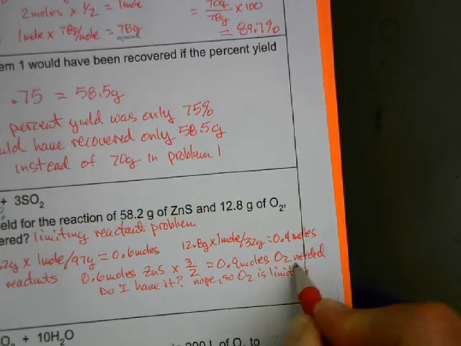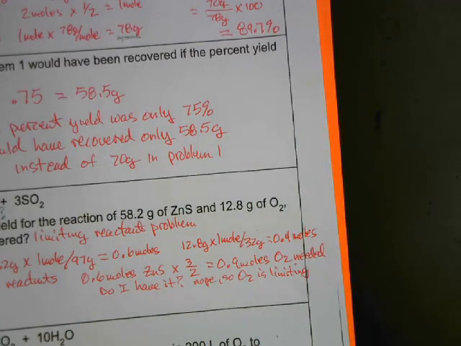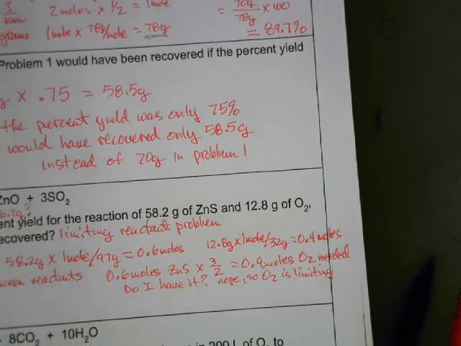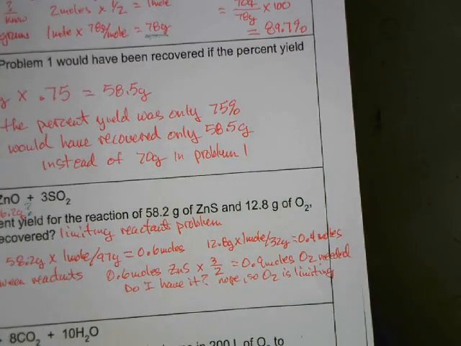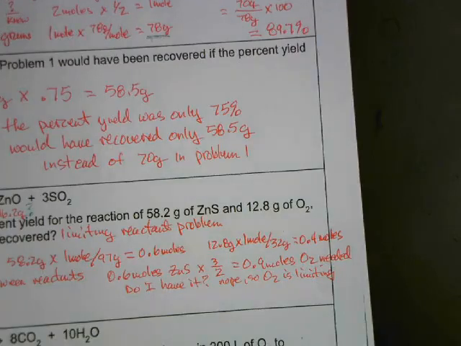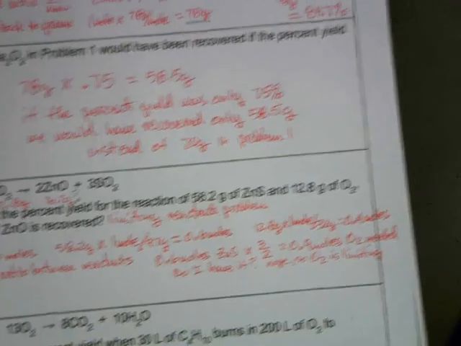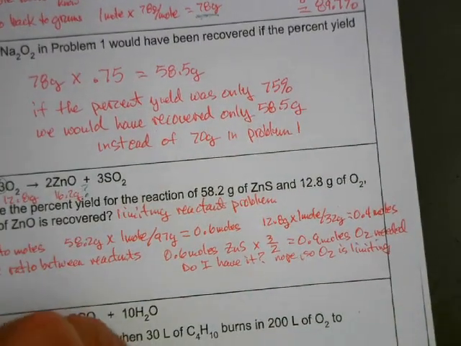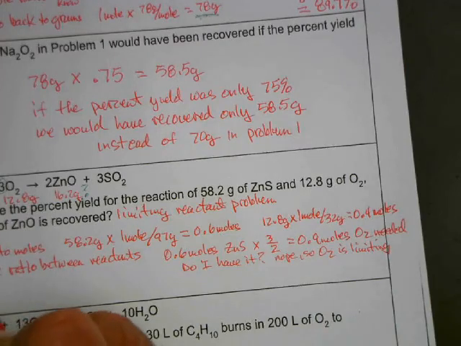If the answer had been yes, I have that, then the zinc sulfide would have been limiting. It's very simple. There's only three possible outcomes. One of them is yes, one of them is no, and the other one is, hey, they just so happen to do the 2-to-3 ratio, just like the equation says, in which case I'm going to use both of them up. All right, so now that I know that, we're going to use the O2 because that's the limiting.